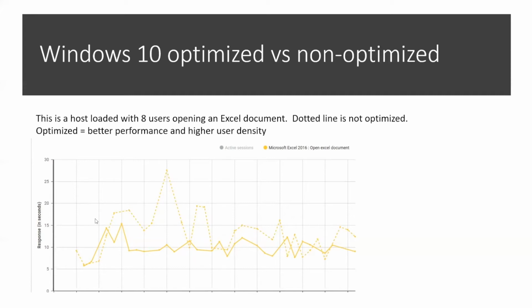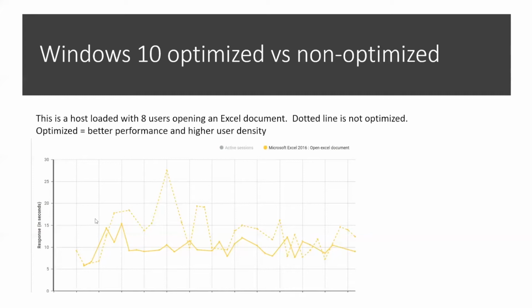We ran a quick test using Login VSI, with two runs, one optimized and one non-optimized, and looked at the stats. We noticed a very clear difference. The dotted line is the non-optimized, the clear line is the optimized version.